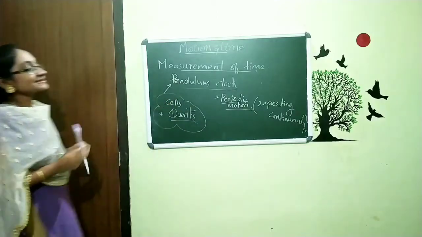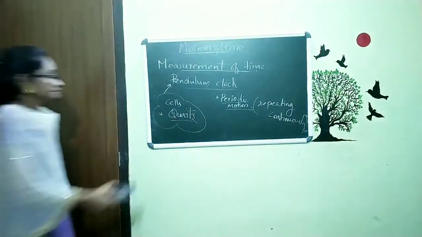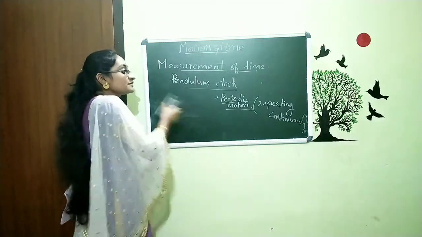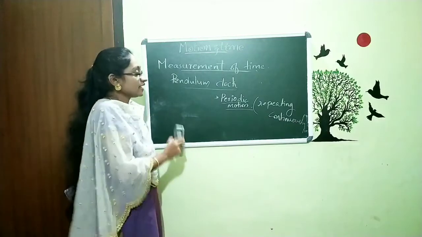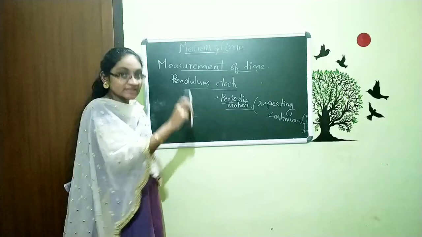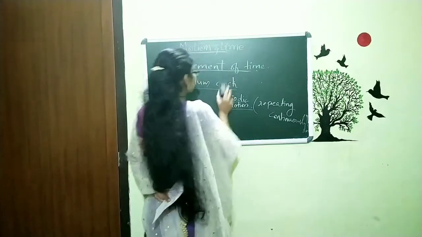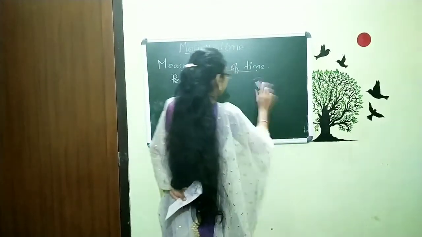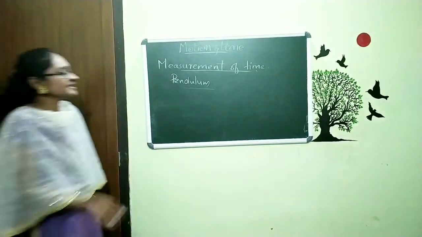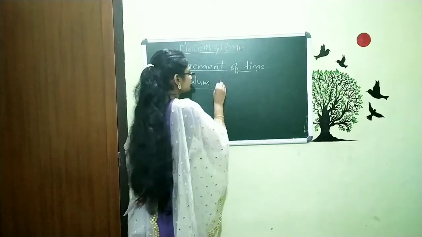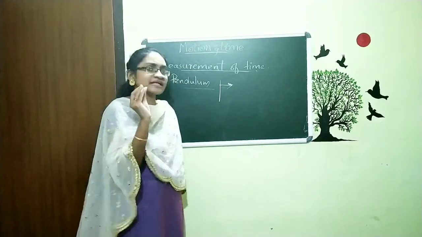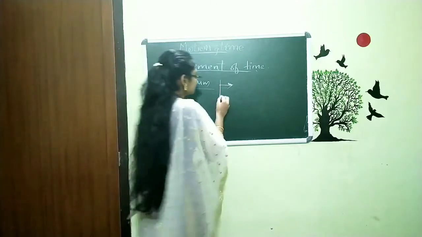Now we want to discuss the pendulum. We said that this pendulum has a periodic motion, and periodic motion means it is continuously repeating its motion. Now we want to study this pendulum in detail. When we talk about the pendulum, there are different types of pendulum. Now you just want to study very simple things about this pendulum.